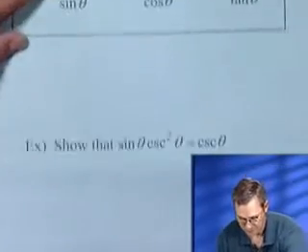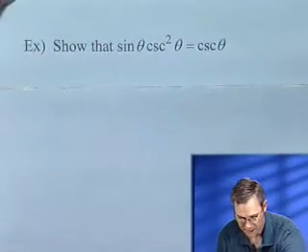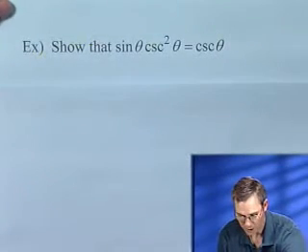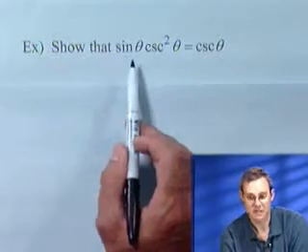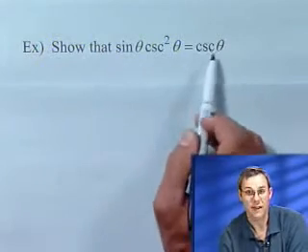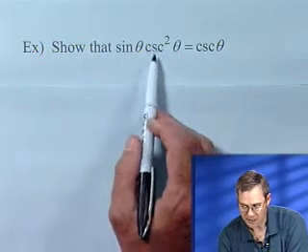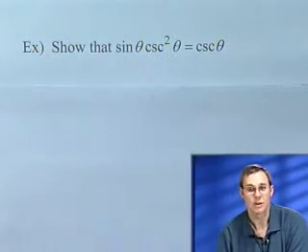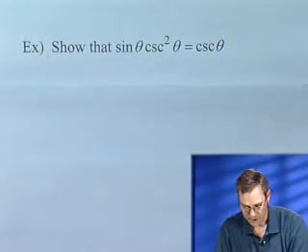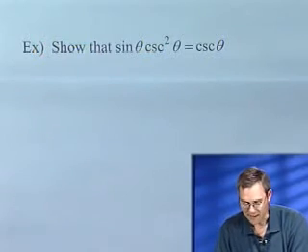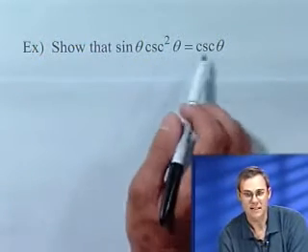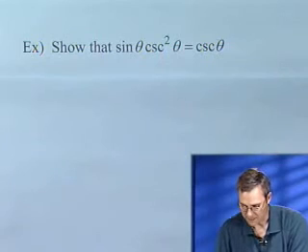Now what we're going to do is take an expression and show that this expression is equivalent to the expression on the right. So it says, show that sine theta times cosecant squared theta is equal to cosecant theta. So we want to use our identities to show that the left side is equivalent to the right side.